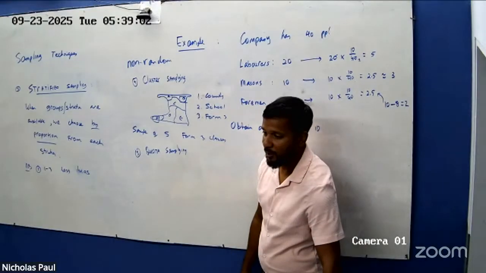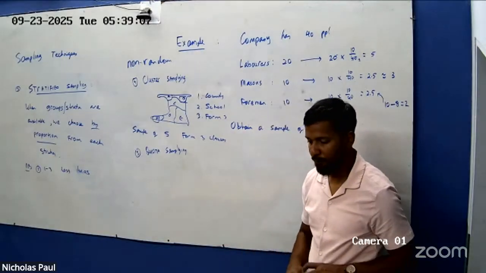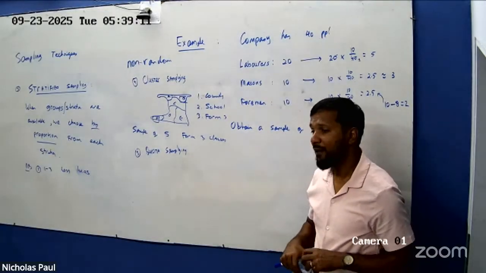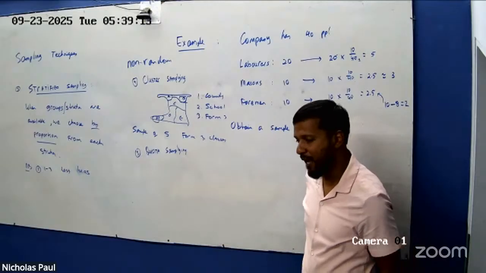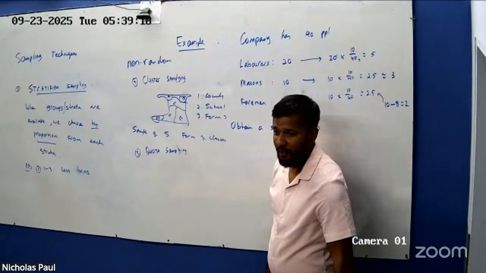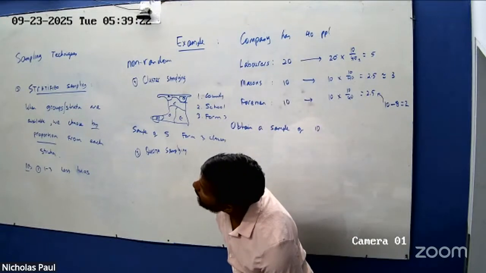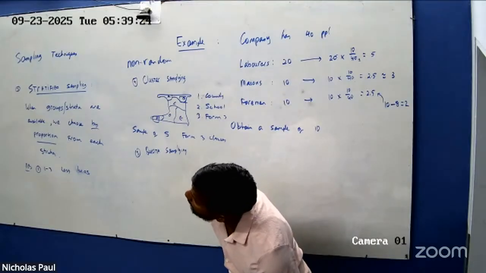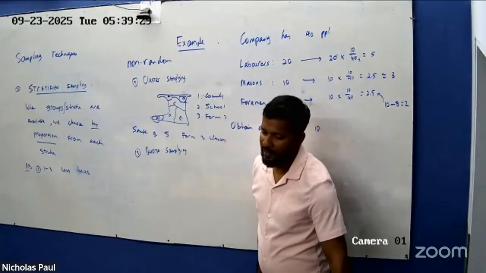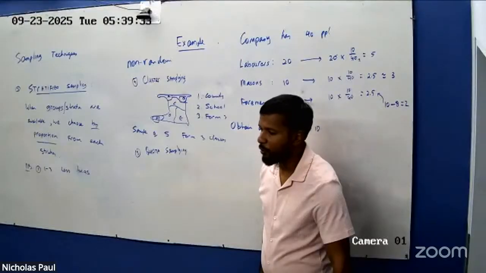Quota sampling is when little or no randomness is applied when obtaining the required sampling number.